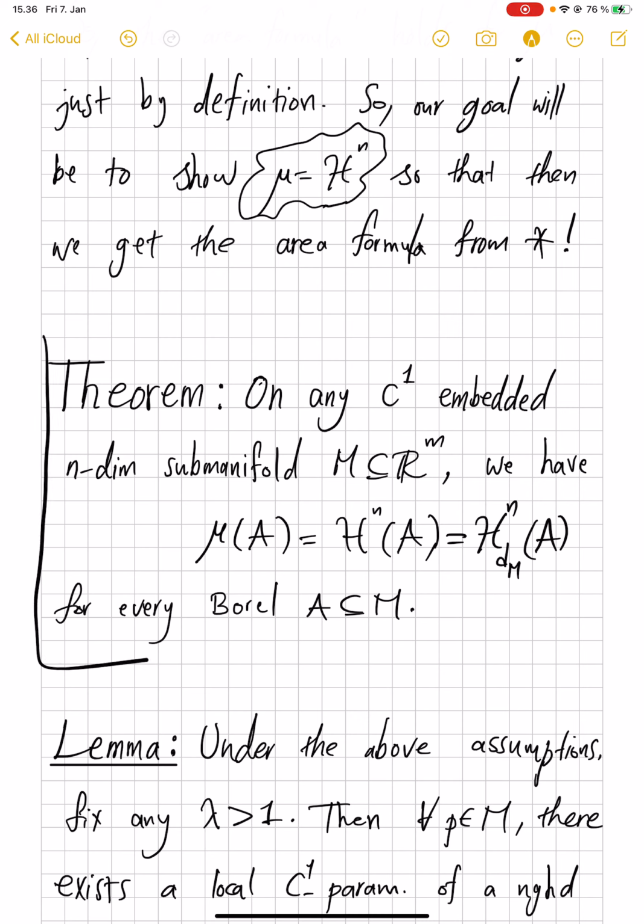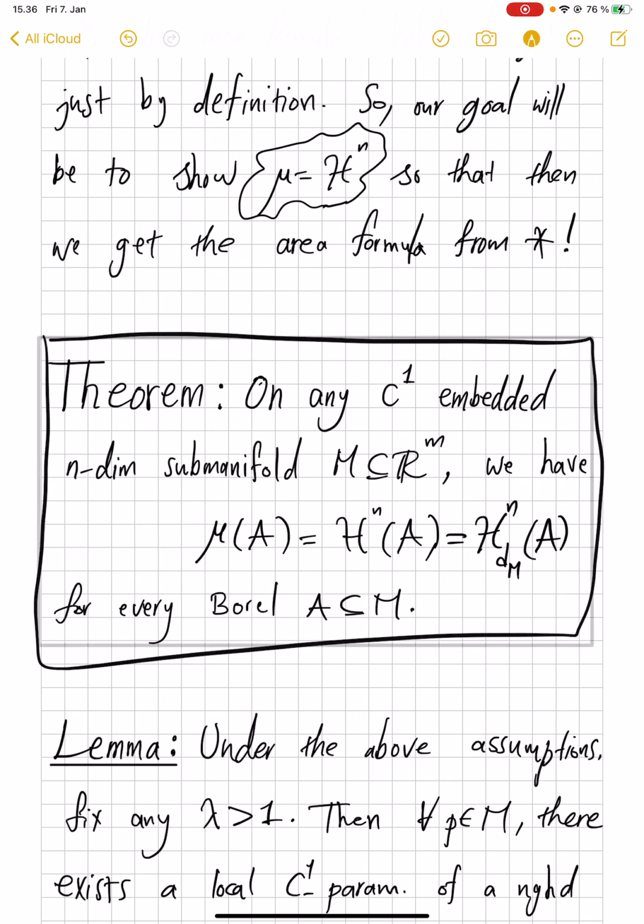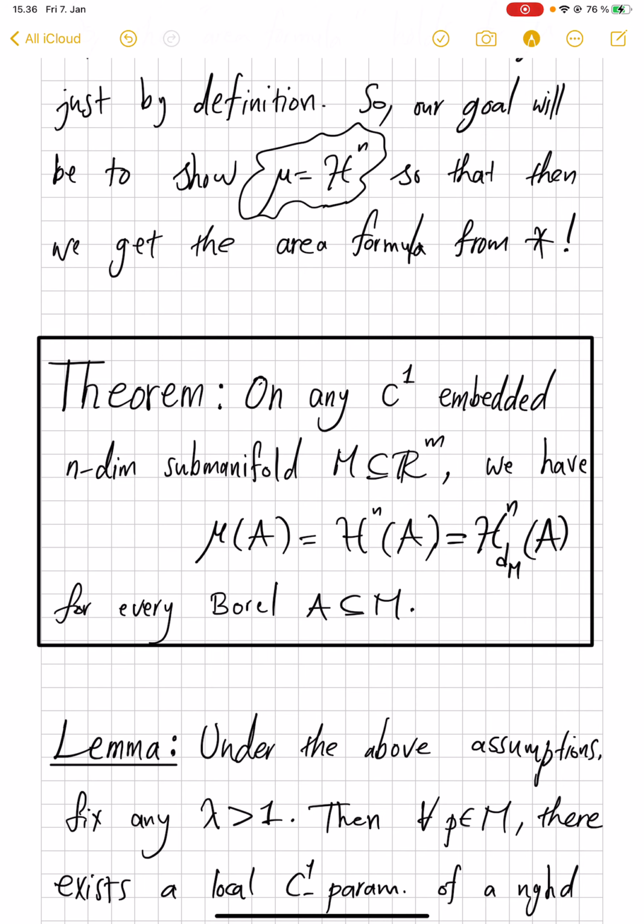And this is the key lemma, the key result that we will borrow from this video in the next video to give a proof of the area formula. Again, the idea is that now that we know H^n equals mu, and we know that mu by definition is just the integral of Jacobian, we get the area formula for C^1, one-to-one, and full rank functions.